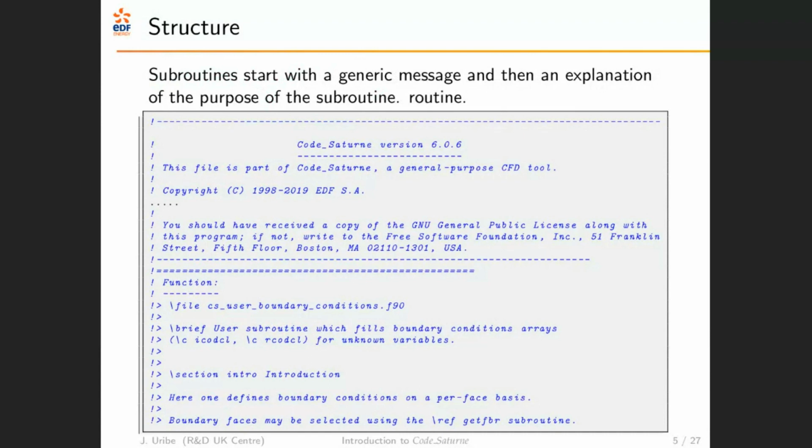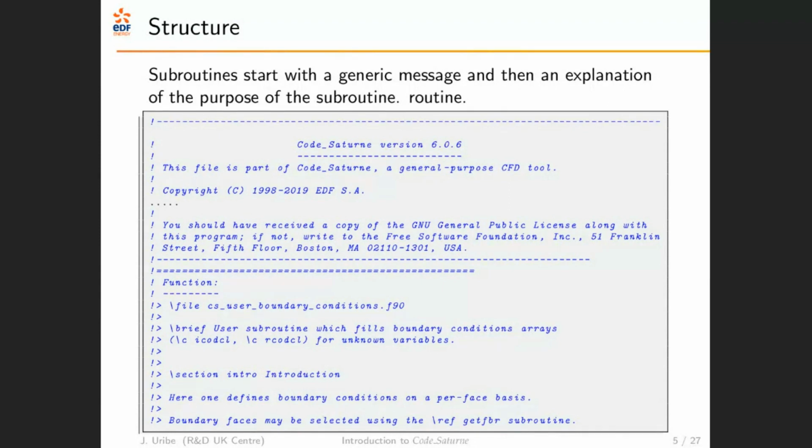At the beginning of all the subroutines, you'll see that there's this generic header, which tells you which version of Code Saturn you're looking at. And it has the GPL license statement. And then you have a brief description.